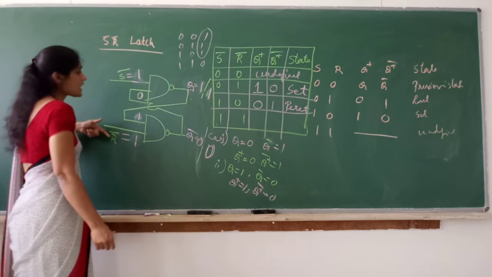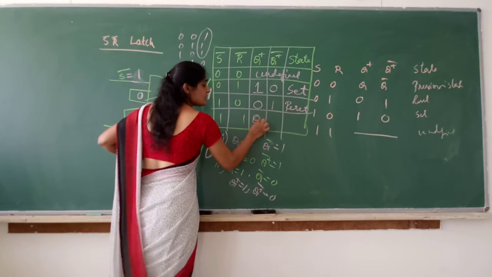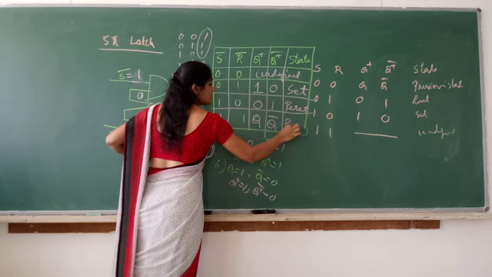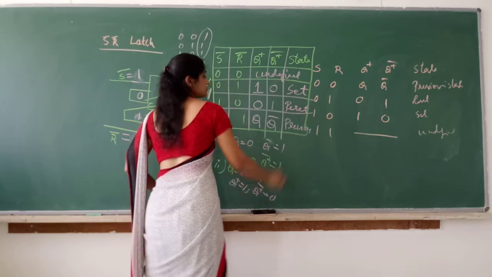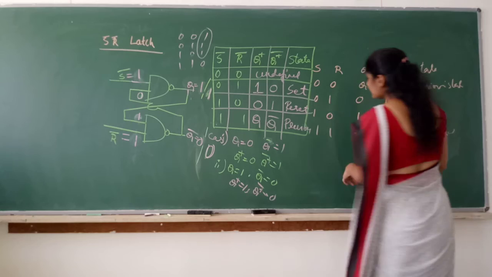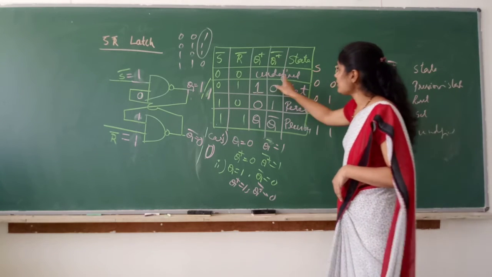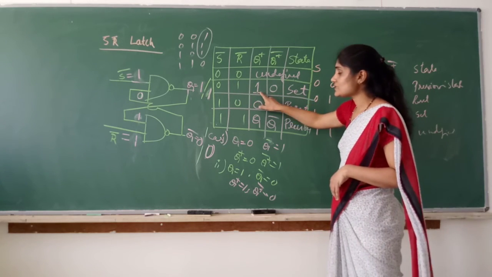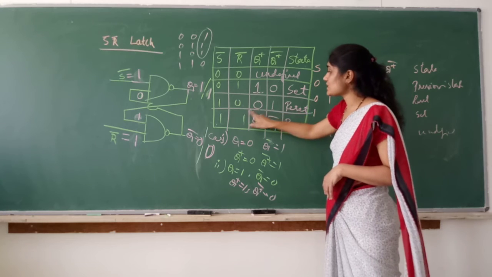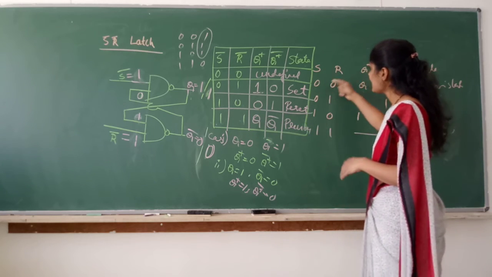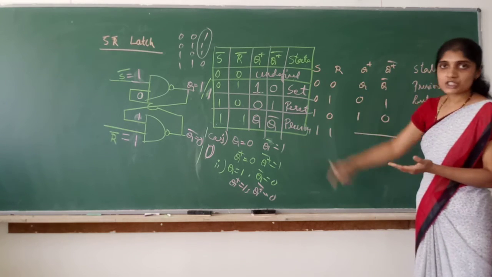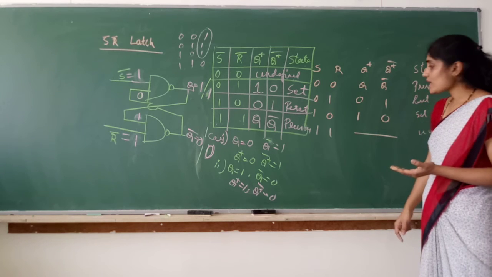When S bar is 1, R bar is 1, previous state. So compare it with now. 0, 0 undefined, 0, 1 set, 1, 0 reset, 1, 1 same state. Exactly the opposite function table we have got for S bar, R bar latch.